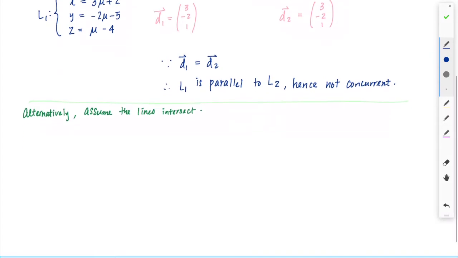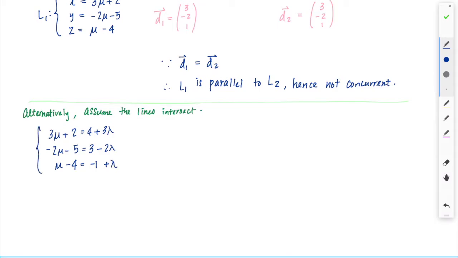In that case, I can say that the x components should equal each other. Y components will equal each other. And also the z component. Okay, this will give me a system of three equations with two unknowns.